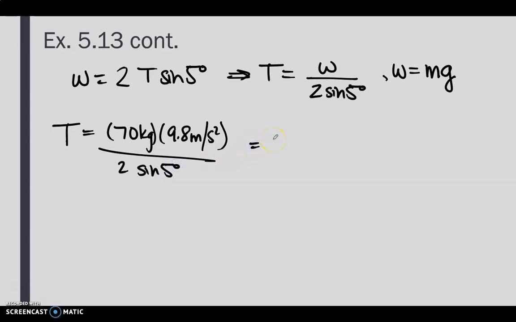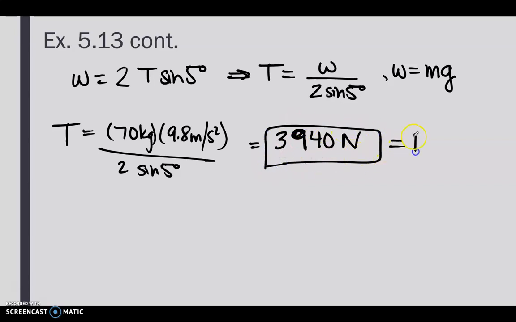Plug that into our calculators. Our tension on the rope is 3,940 newtons. Okay, this is our total tension, or just the tension of the rope.